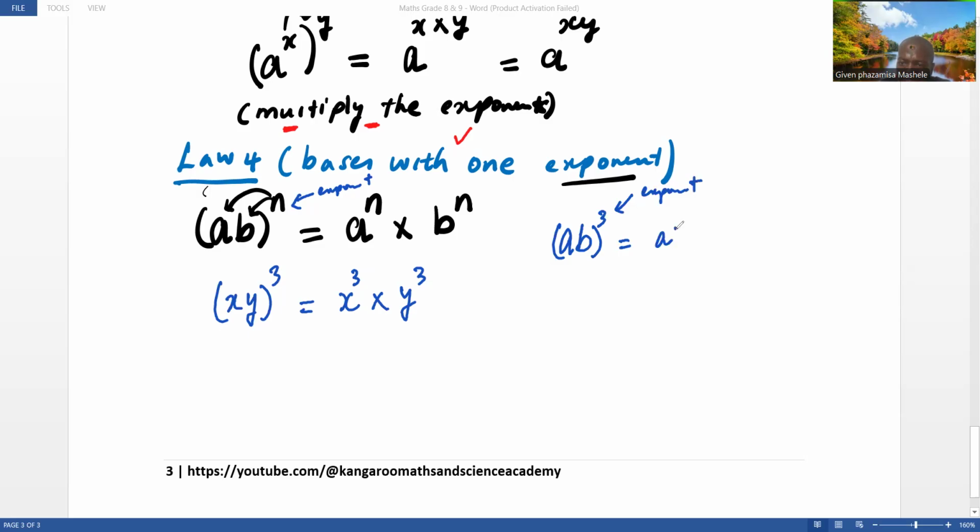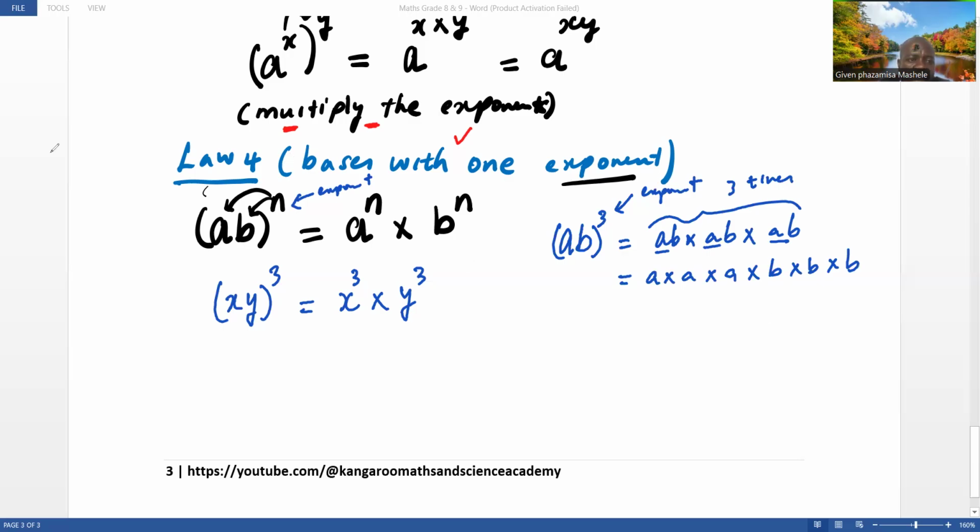So we can say ab times another ab times another ab. If you look at the a, this is the same as a times a times a, and also b times b times b.